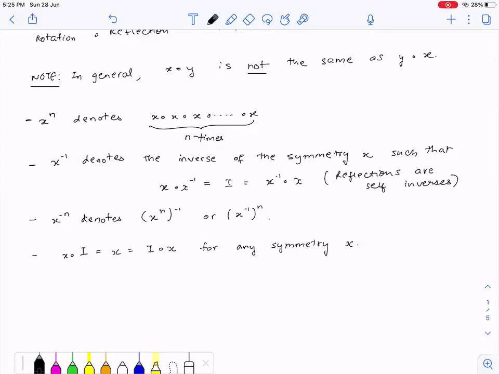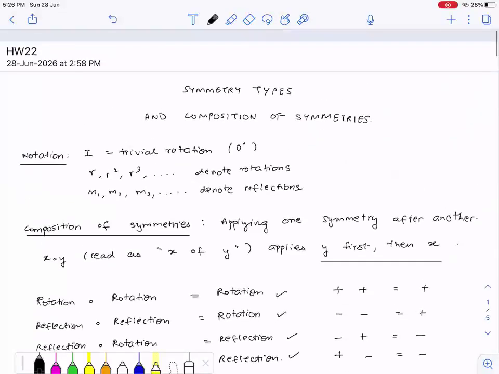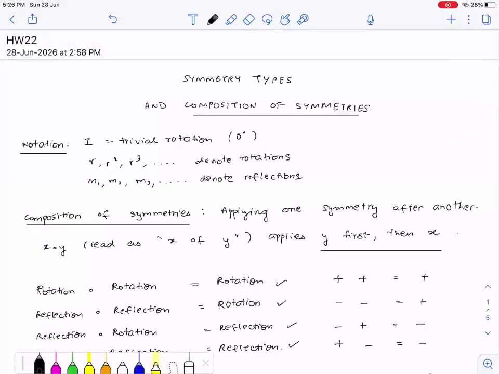Since the trivial symmetry doesn't do anything, if you compose X with the trivial symmetry, you're applying the trivial symmetry first to the figure, which doesn't change the figure, and then you apply X, which is the same as applying X. Similarly, if you apply X first and that changes the figure in a certain way, then applying the trivial symmetry on top of that doesn't change anything, so that's X again. So these are some rules that we follow with composition of symmetries.